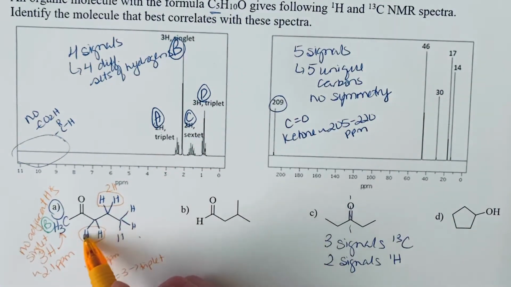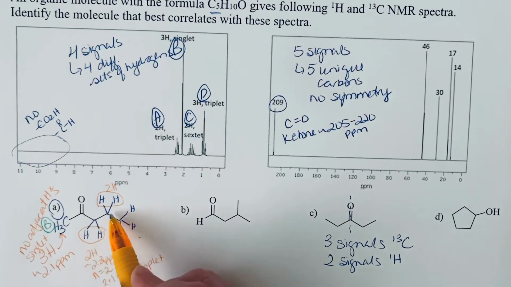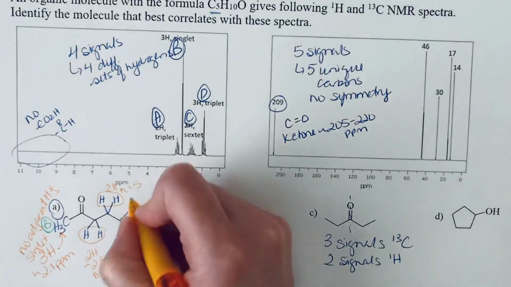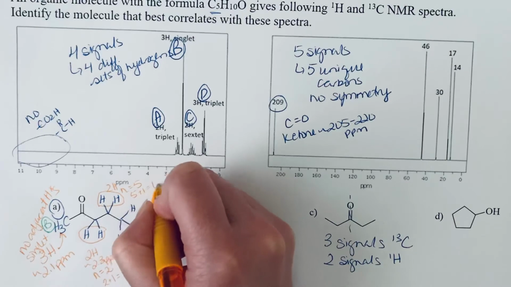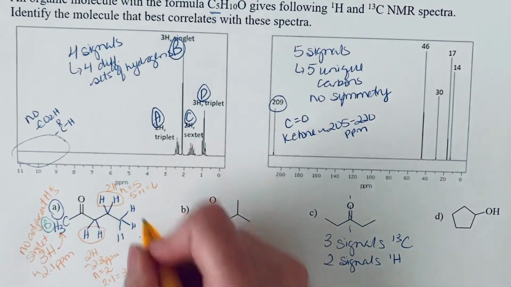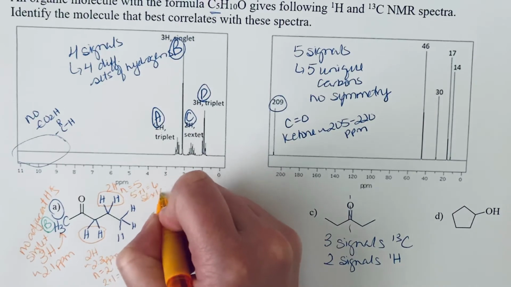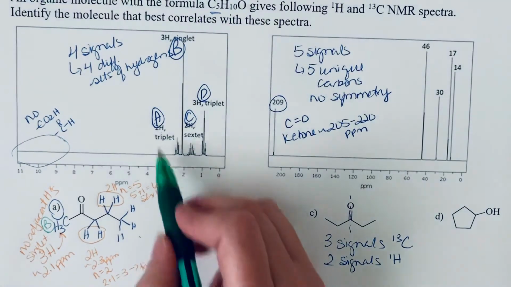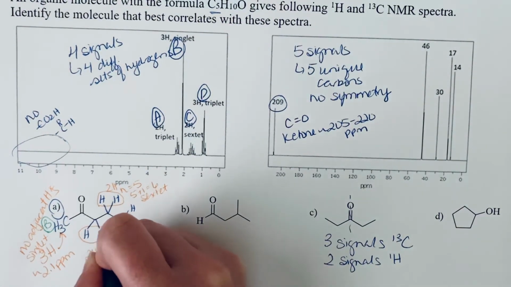So it has two hydrogens on one adjacent carbon and 3 on the other. So for this one here, N is equal to 5. And so 5 plus 1 is 6, which explains why this is split into 6 signals, also known as a sextet. Okay. And so we've explained C. So this, I guess I didn't label these. These are the hydrogens A.